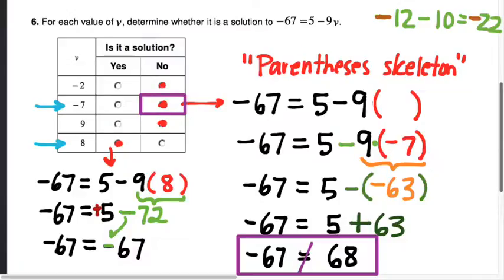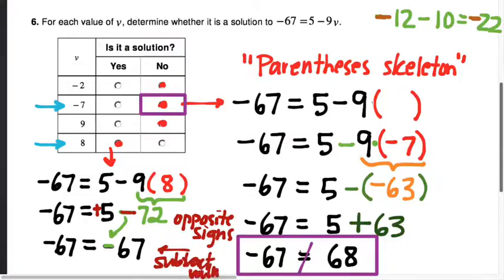Right? Here the 5 was positive, the 72 was negative. So opposite signs subtract the value. Whereas in the example in the upper right of the screen, negative 12 minus 10, both of my summands here were negative. Same signs. And so the values add.